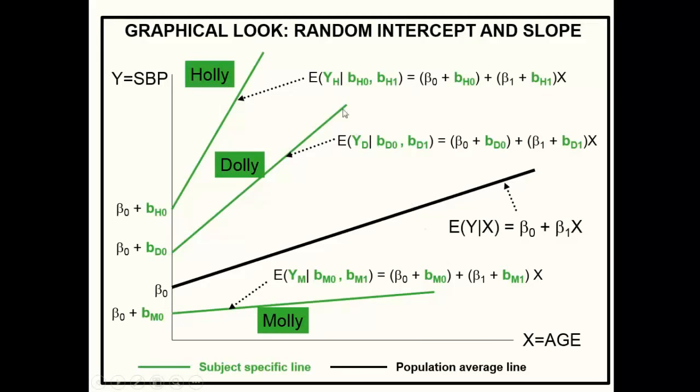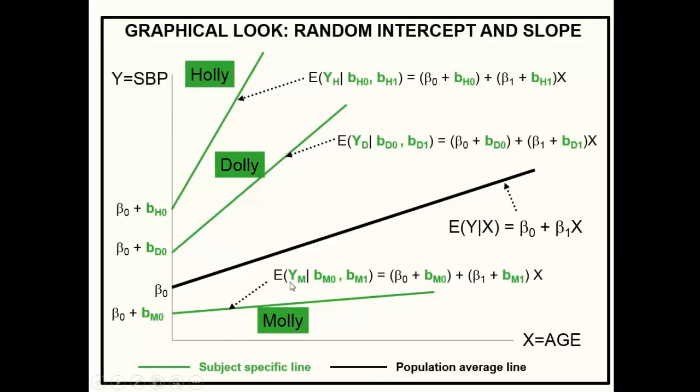So what's going on with Holly, Dolly, and Molly? Not only do they have different intercepts, but they have different slopes. Holly has a different intercept and slope than Dolly, than Molly.